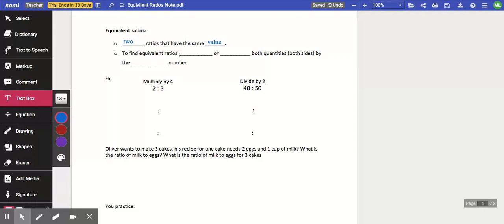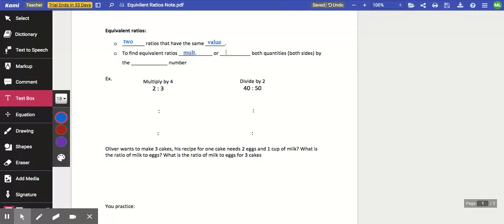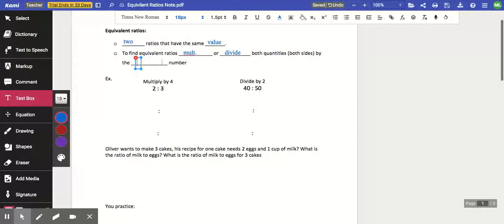To find equivalent ratios, you're going to multiply or divide both quantities, so both sides of the ratio, by the same number.